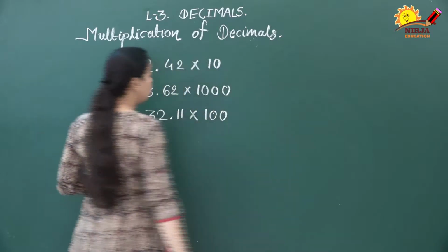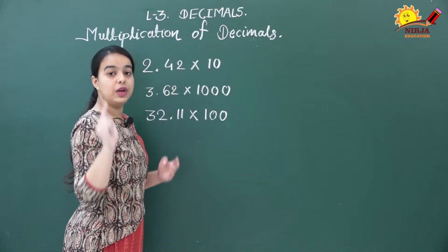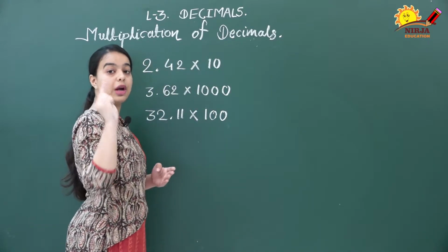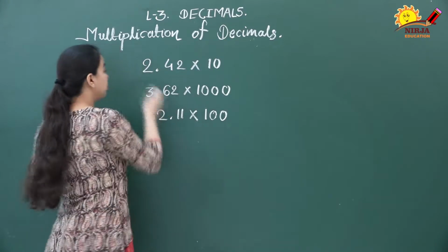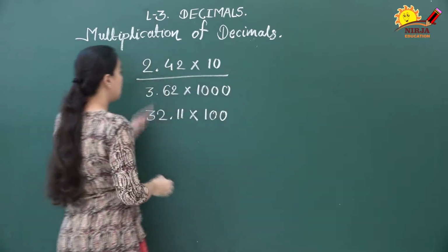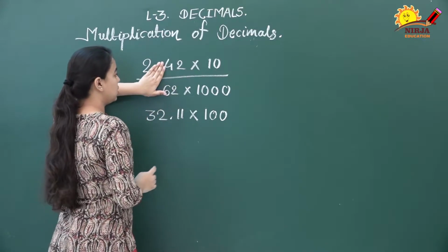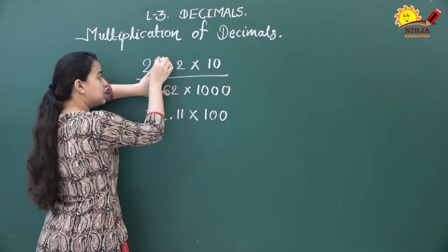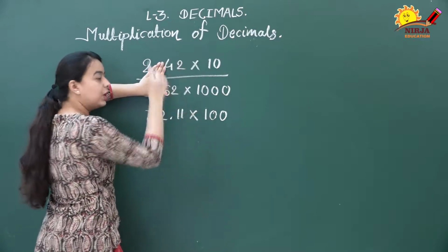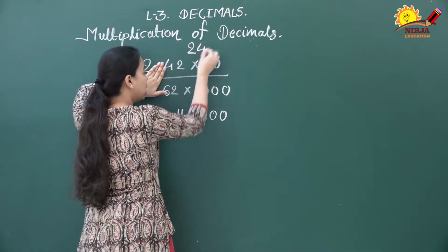So as I told, the only thing we need to do is ignore the decimal point from the given decimal number. Now let's consider only this first. Here, as you can see, only one decimal number is there. If we ignore this decimal point, 2.42 will convert into 242.